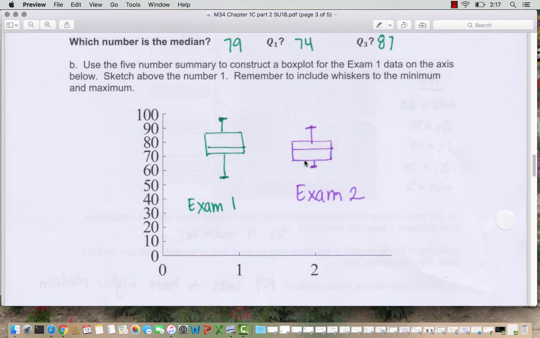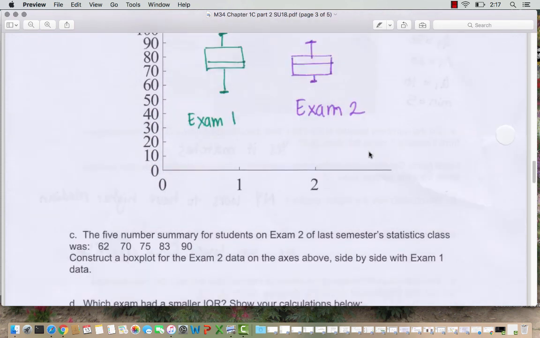You put a horizontal line through quartile 1, the median, right there at 75, and quartile 3, that's about 83 by my drawing. And then you put a dot or a small line at the maximum. You connect up the central box and extend what we call the whiskers out to the minimum and the maximum.